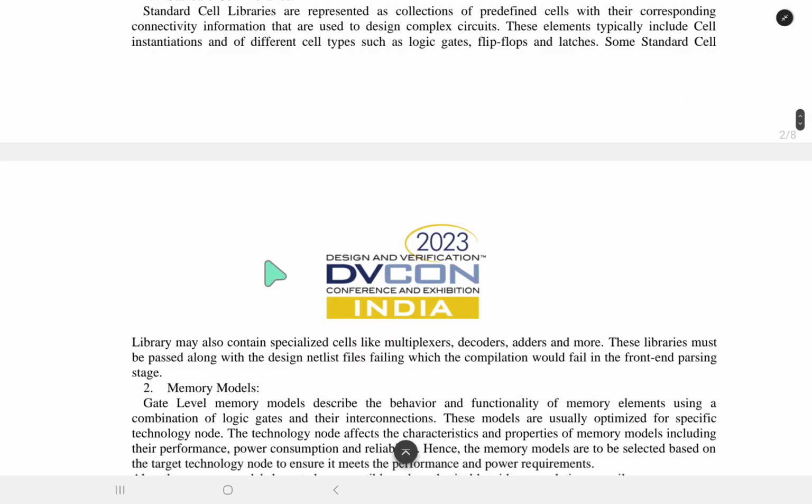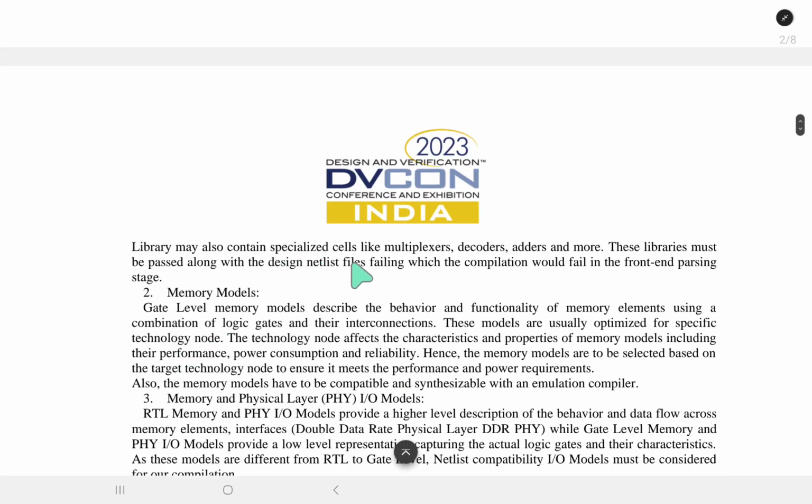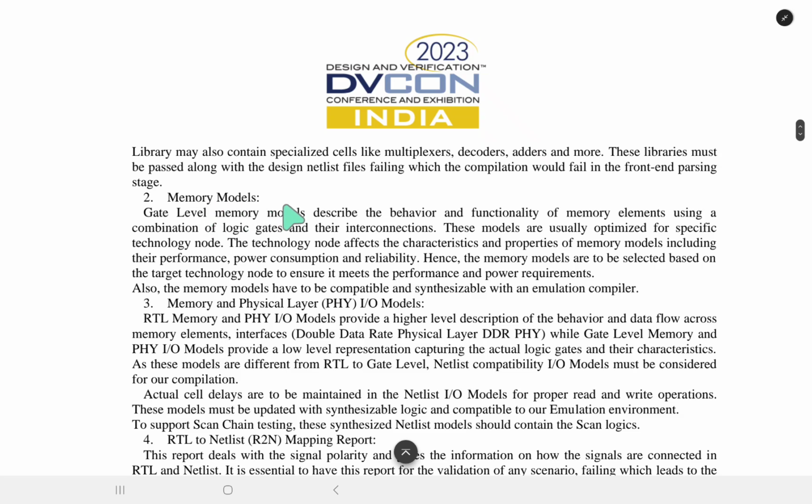Some standard cell libraries may also contain specialized cells like multiplexers, decoders, adders and more. These libraries must be passed along with the design netlist files, failing which the compilation would fail in the front-end parsing stage. 2. Memory models.